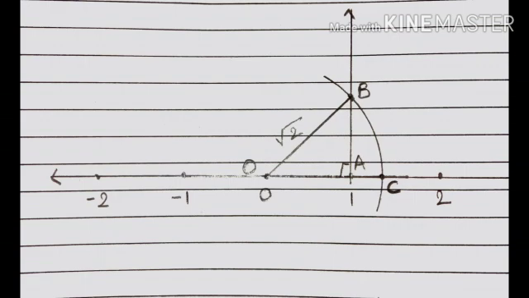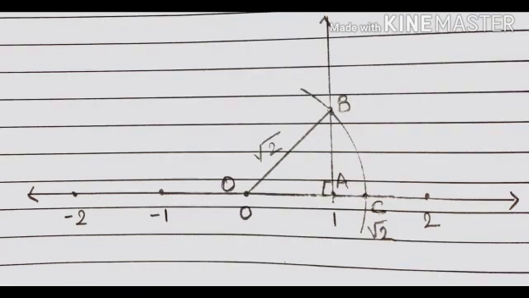That is, keep the pointer of the compass at point O and the tip of the pencil at point B. Then, by keeping your pointer at O, make an arc with center O and radius OB. Mark the point of intersection of the line and the arc as C, which is your root 2.